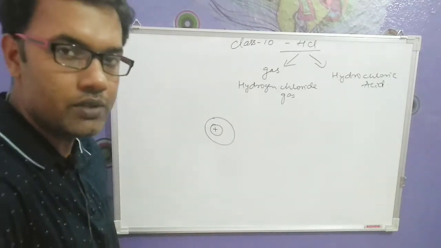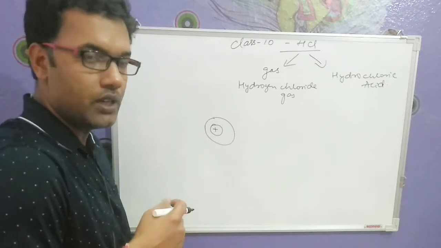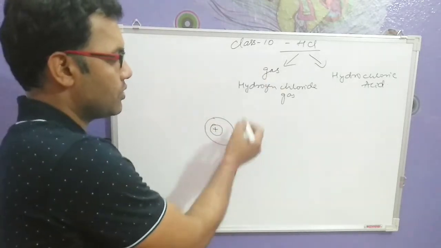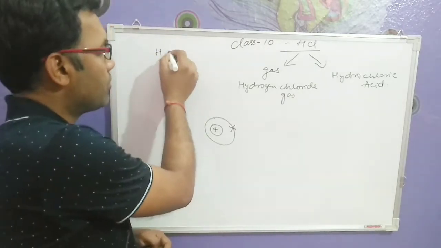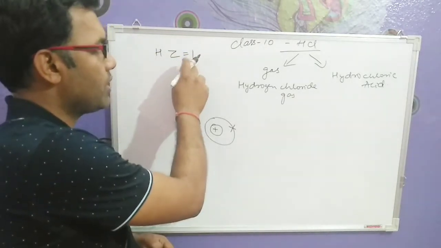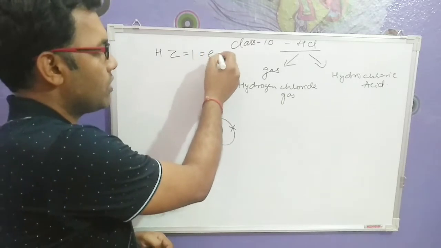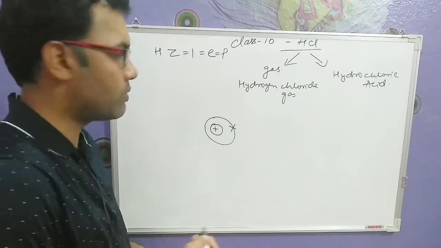We all know what a valence shell is, the last shell in which the electrons are filled. Now see here, for hydrogen we have only one electron because hydrogen has atomic number 1, and atomic number is equal to the number of electrons and equal to the number of protons. We all know this basic thing.